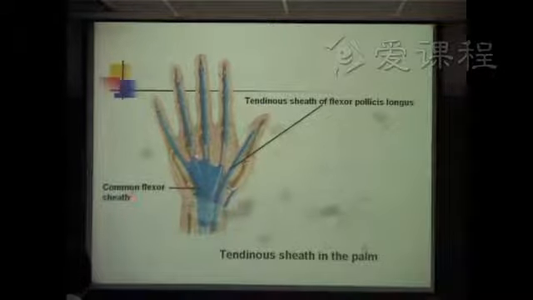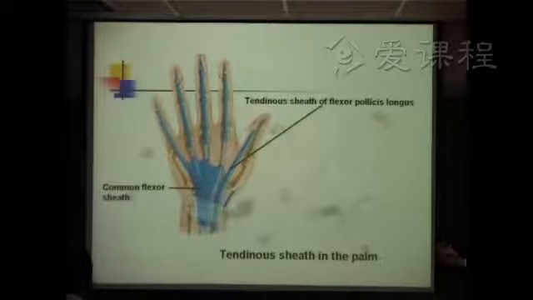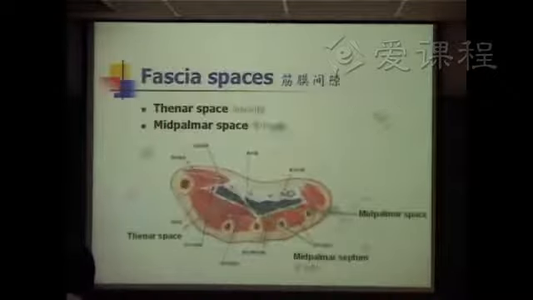This is a common flexor sheath. It includes the tendons of the flexor digitorum superficialis and profundus.